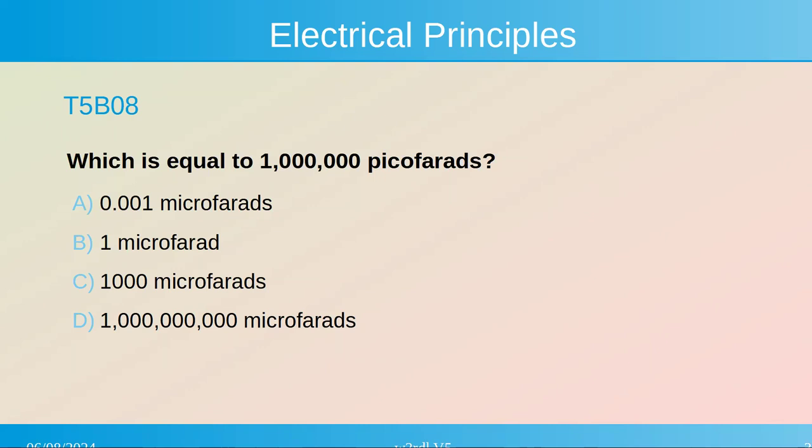If we want microfarads, we're going to have a smaller number, so we're going to divide.